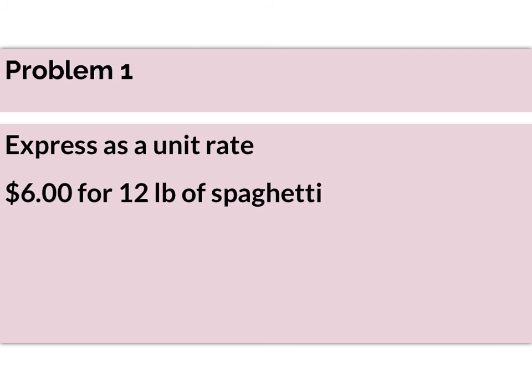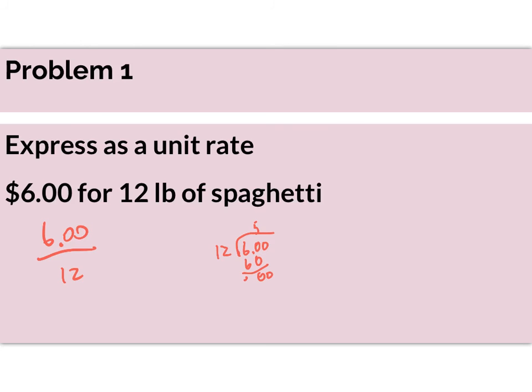Okay, so express as a unit rate. $6 for 12 pounds of spaghetti. So we have $6 and a 12. So we're going to pretend that this is 600 cents and we would divide 600 by 12. 12 goes into 60 5 times. 5 times 12 is 60.